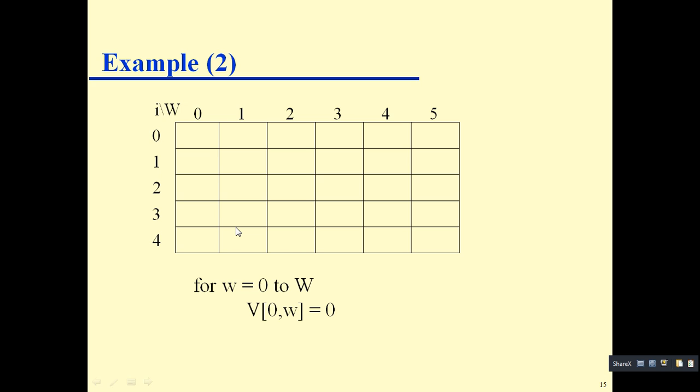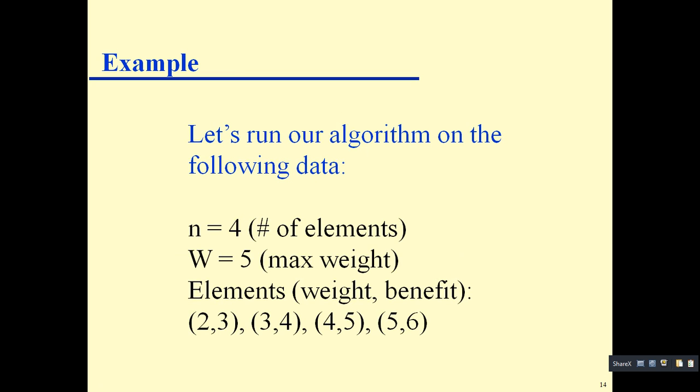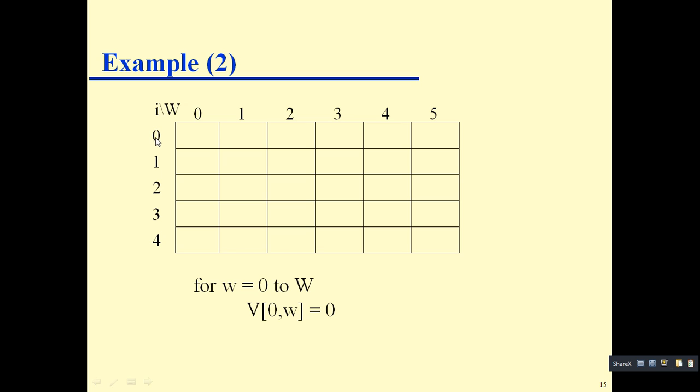It is 5, so column-wise you write 0, 1, 2, 3, 4, 5. I think it is clear to everyone up to this. So this side is item number and this side is weight, right?